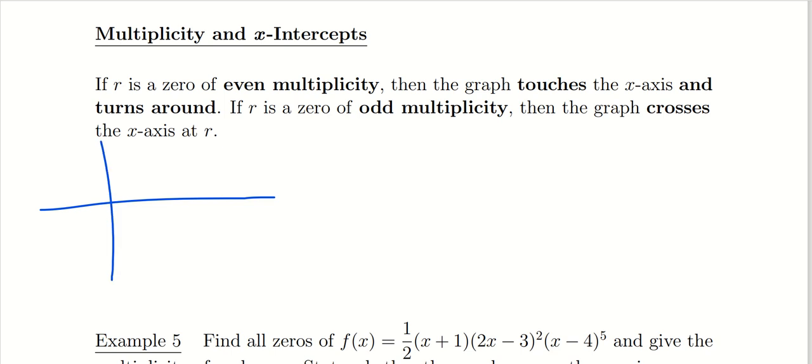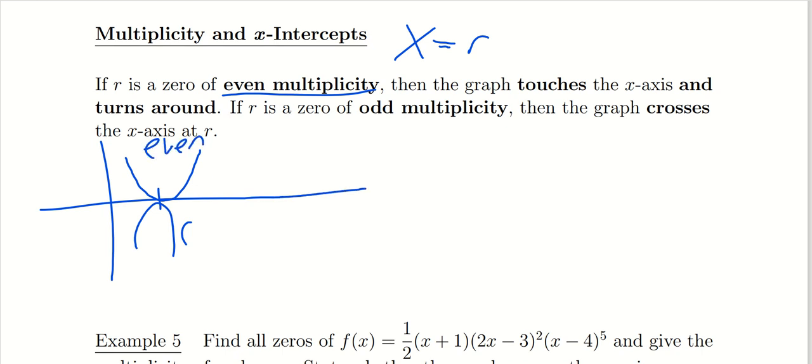For example, if x equals r is a root of even multiplicity, then whenever the graph gets to that intercept, it's going to touch and turn around. It's not going to cross through like this. Or perhaps it could look something like this. So when you have an even multiplicity root at r, that's what happens. It touches and it turns around.